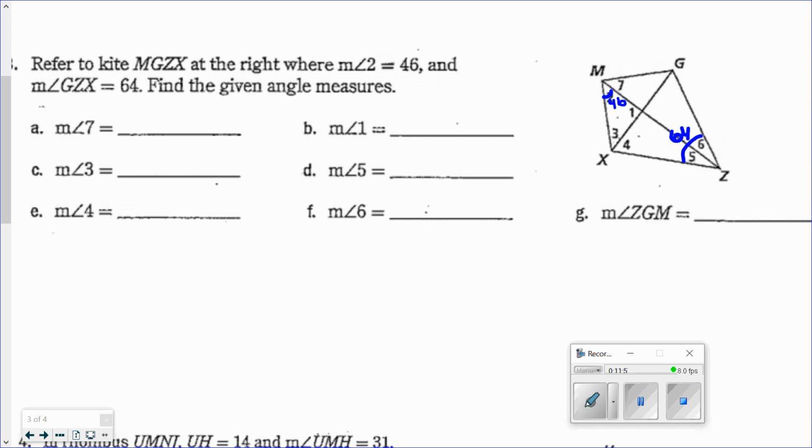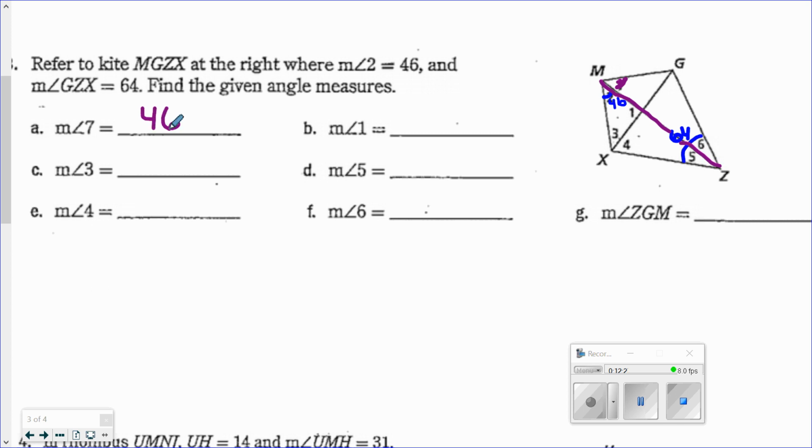Well, the measure of angle 7 is right here. And we know that the diagonal of a kite is going to bisect these two angles, angle M and angle Z, in half. So if angle 2 is 46, that means that angle 7 is also 46.